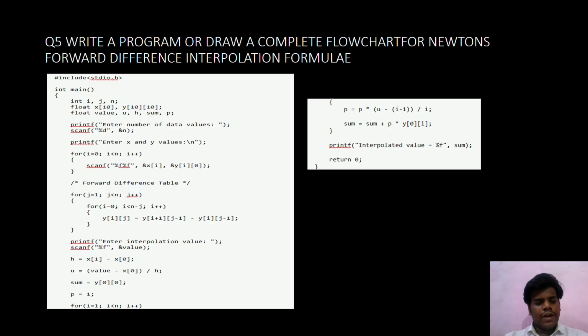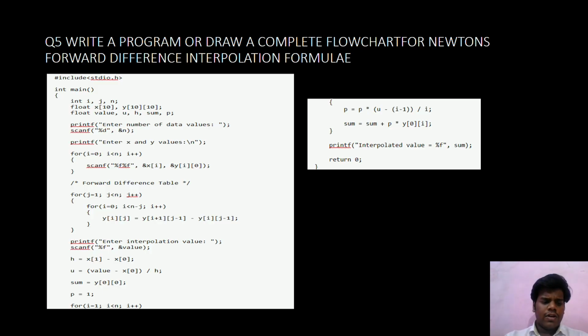Now we print 'interpolation value' and store the value. h is equal to x1 minus x0, and a is equal to (value minus x0) divided by h. Sum is equal to y[0][0], p is equal to 1.